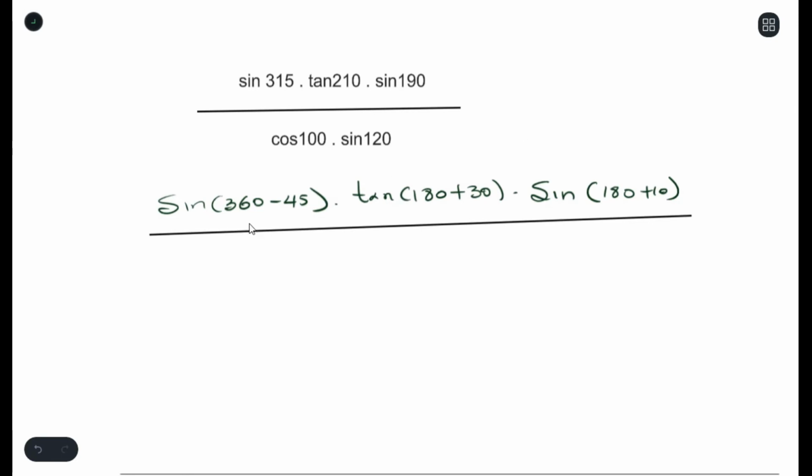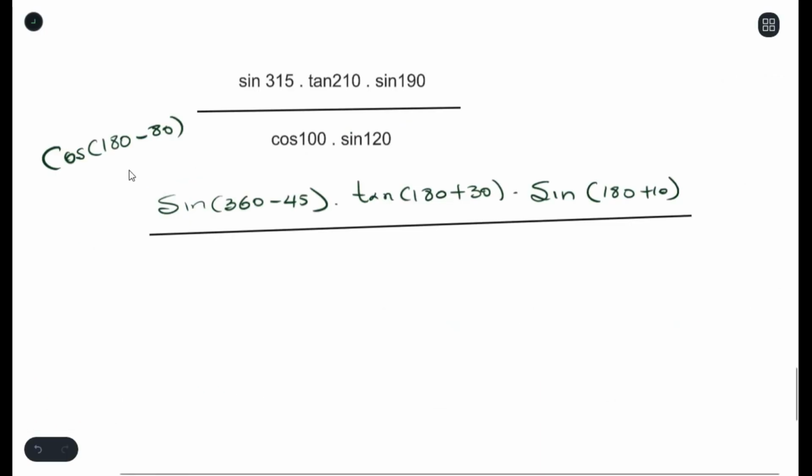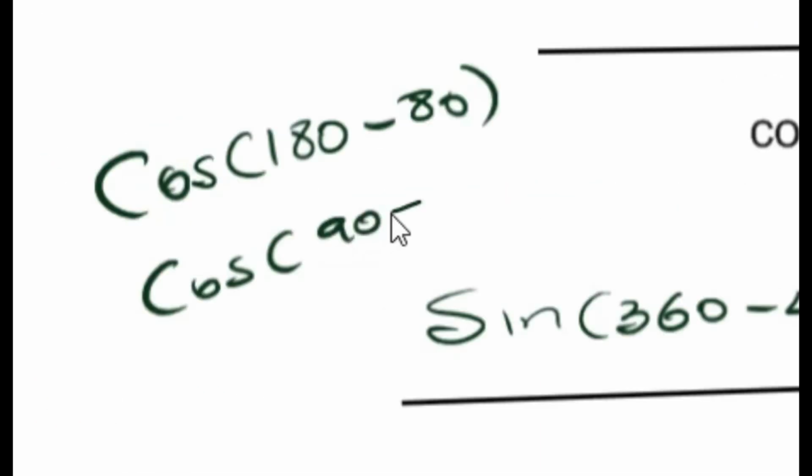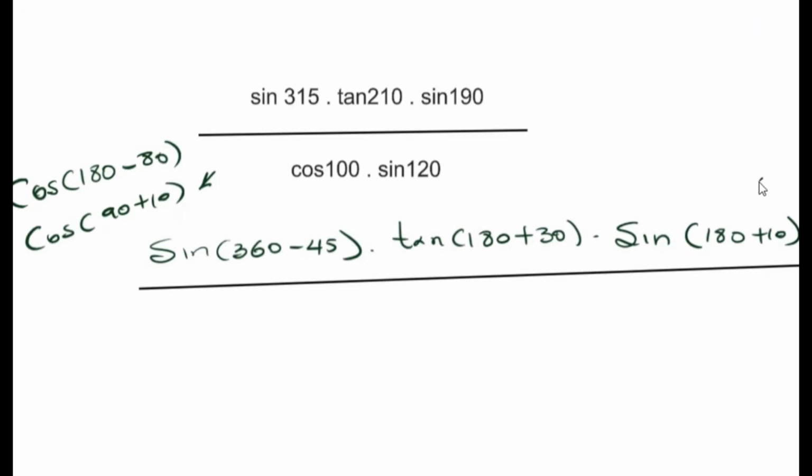There are two things we notice about cos 100. Cos 100 can be rewritten as, because it's in the second quadrant. And it could also be rewritten as this, because that's a co-function. The reason I'm thinking of this specifically is that up here we have sine 180 plus 10.